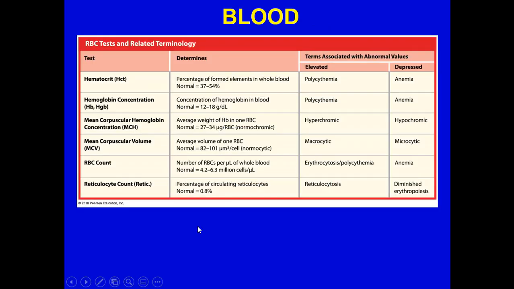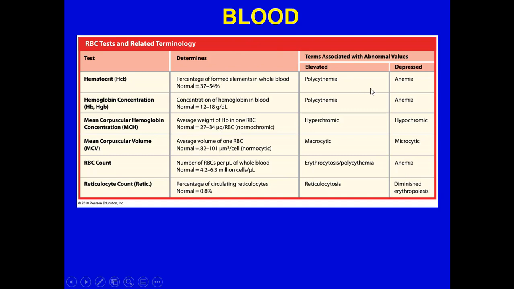Now, as you can see in this chart, the RBC tests and the related terminology, you can see hematocrit, hemoglobin concentration, mean corpuscular hemoglobin concentration, mean corpuscular volume, and RBC count and reticulocyte count. All of these you don't have to memorize, but you have to understand, why are they there? What do they help you to know?